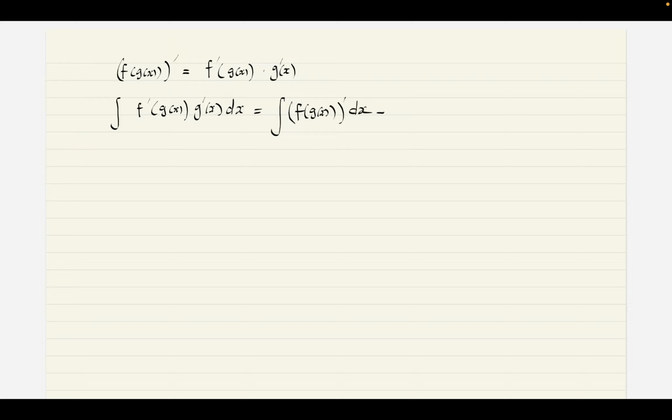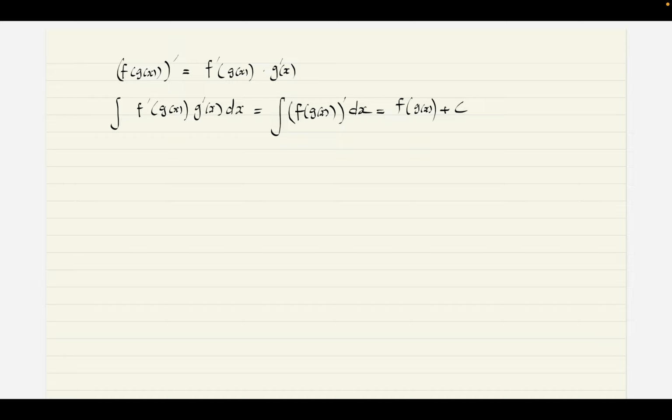We know that integration is somehow the inverse of differentiation. I differentiate this function first and then integrate, so the integration undoes whatever differentiation does, but up to a constant. So it becomes f of g of x plus c.